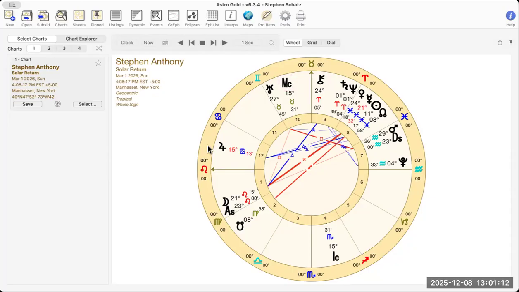Oh wait, no, December, February. Some upheaval, changes in career in December. And maybe some Neptune and Saturn things happening this month of November.